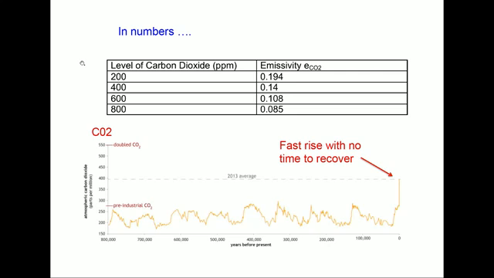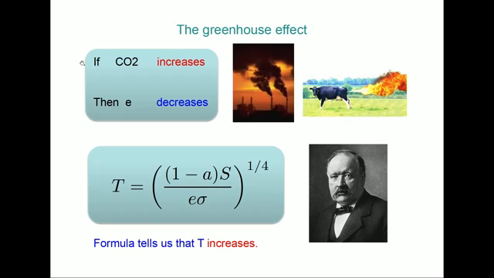Here's the carbon dioxide graph we looked at earlier, wobbling around about 250 or so before the Industrial Revolution, and then whoomp, straight up to 400 over no time at all. And that is going up. That means that's going down, and that means that that's going up. Okay, and that model clearly predicts it.